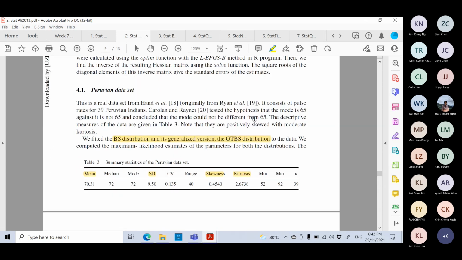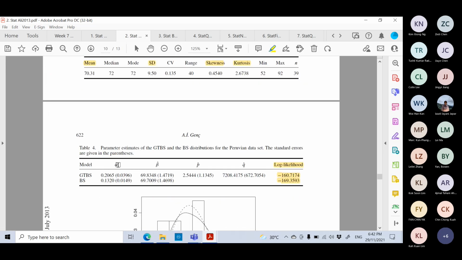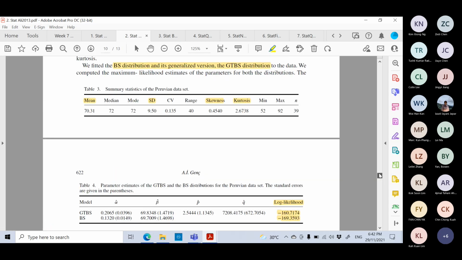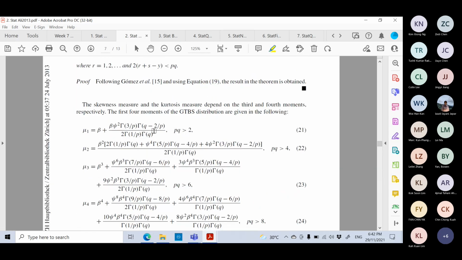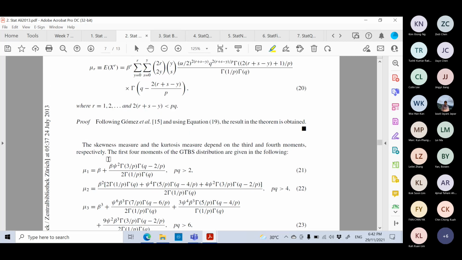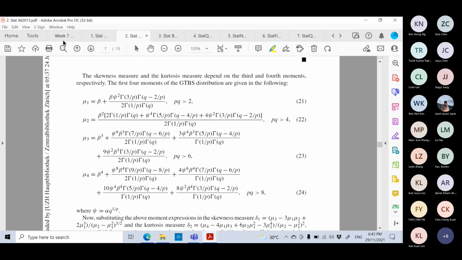They say they provide the summary statistic, but they do not check whether the mean, standard deviation, skewness, and kurtosis match the theoretical ones when you substitute alpha hat, beta hat, p hat and q hat inside here. Then you could get your theoretical mean and the first four moments. I'm not sure about the beta here; maybe beta has a special meaning. So this is what you have in the second paper.